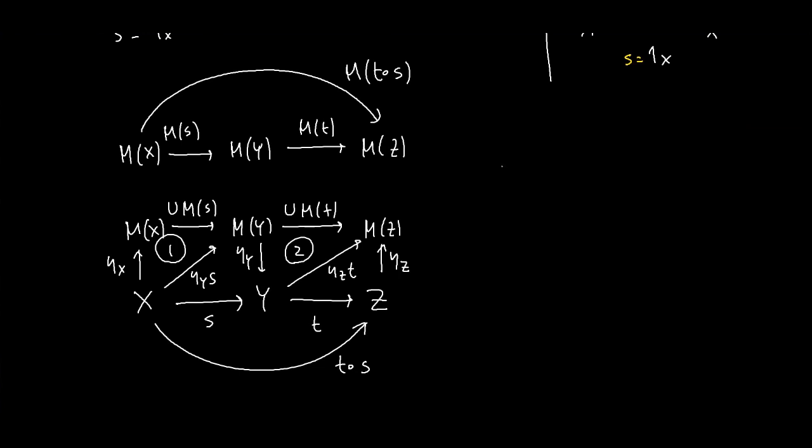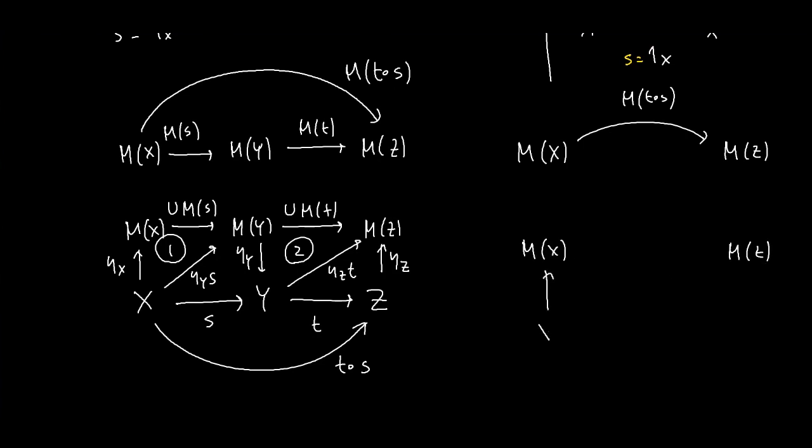So, not to make the picture too messy, let's draw that separately. M of T composed with S goes from M of X to M of Z, and it's the unique morphism that makes the triangle commute, with eta X and eta Z, and the composite here, T composed with S.